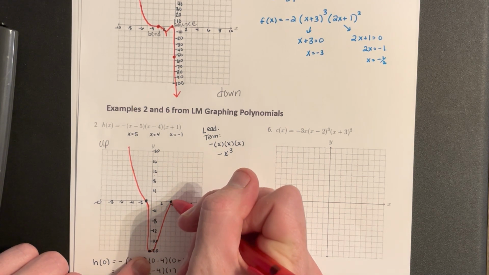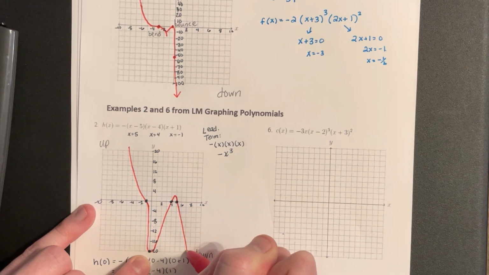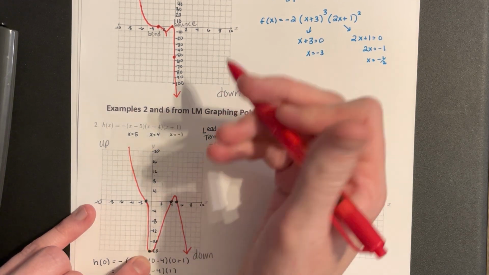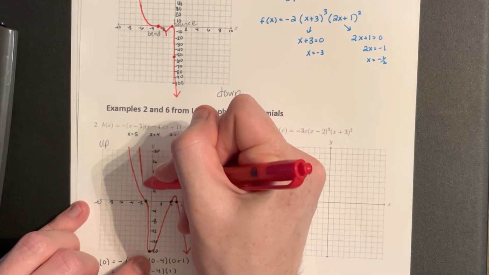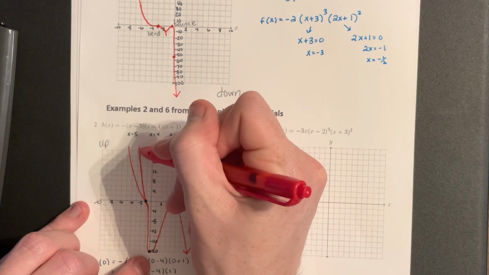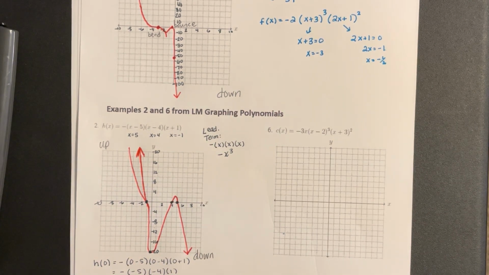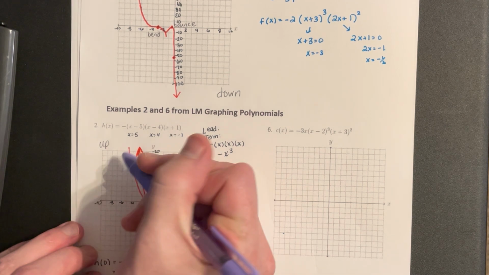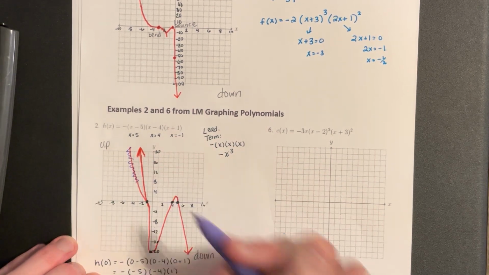Means I need to go through 4 and come back down, hit 6, and then we can go back that way. So you could have made this a little bit prettier and gone like this. This is why I don't use pen for this usually, but I wanted you to be able to see it clearly in the picture. So let's just kind of ignore this weird line.